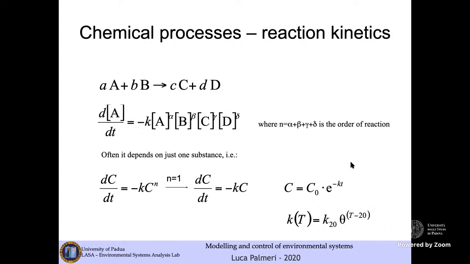In general, we know that chemical reactions are dramatically driven, governed or influenced by temperature. And this is of particular concern when dealing with ecosystems, in which, as we have said, temperature is an important external forcing function or external driver that changes significantly the behavior of the system.